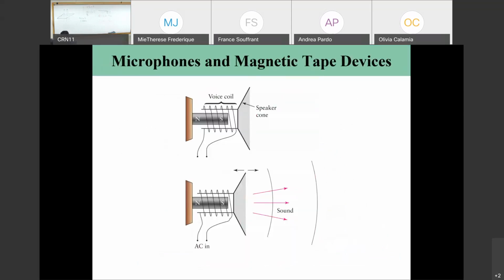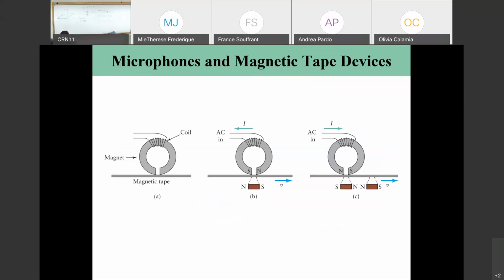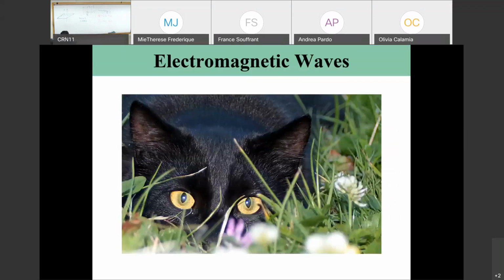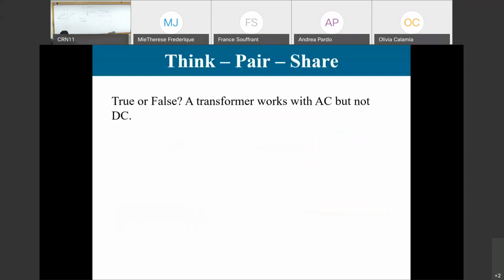And some applications of Faraday's law, for example, speakers, microphones, where you have an electromagnet. And then we can go into electromagnetic waves. Electromagnetic waves will be the last topic we will discuss next class. And then those will be the topics for your exam: electricity, electromagnetism, and electromagnetic waves.